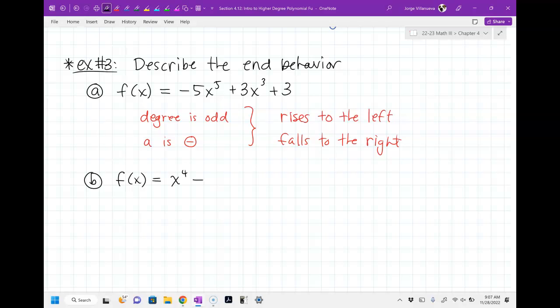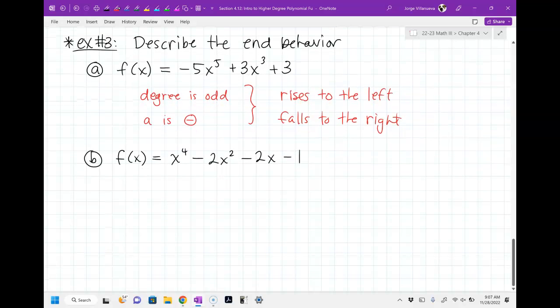X to the fourth minus 2x squared minus 2x minus 1. Okay, so f of x is x to the fourth minus 2x squared minus 2x minus 1. What's my degree? Is 4, right?